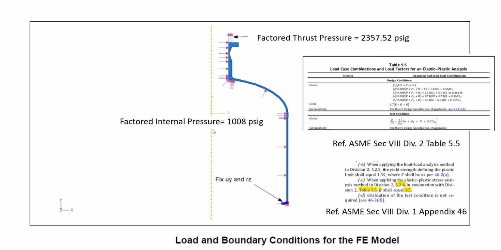So our internal pressure has now changed to 1008 psig, and the factored thrust pressure will change to 2357 psig. So we'll go into the NASTRAN window and see how, up to this point, the model is to be set up.